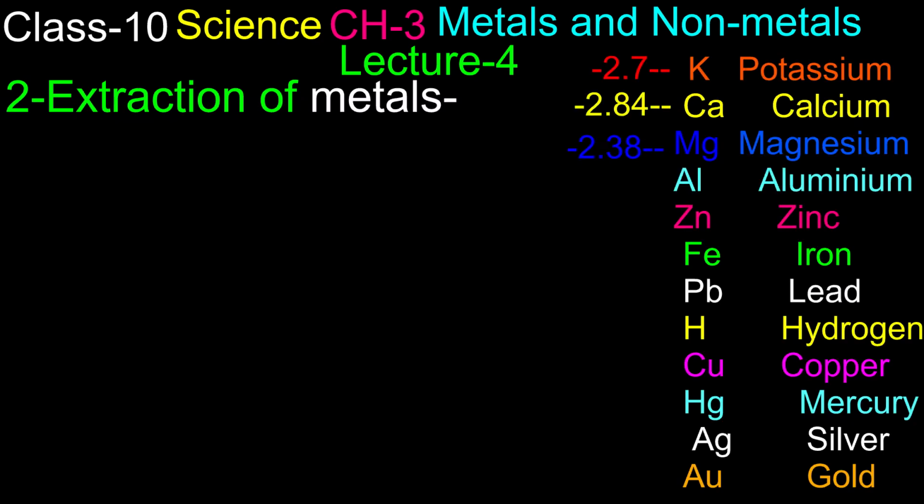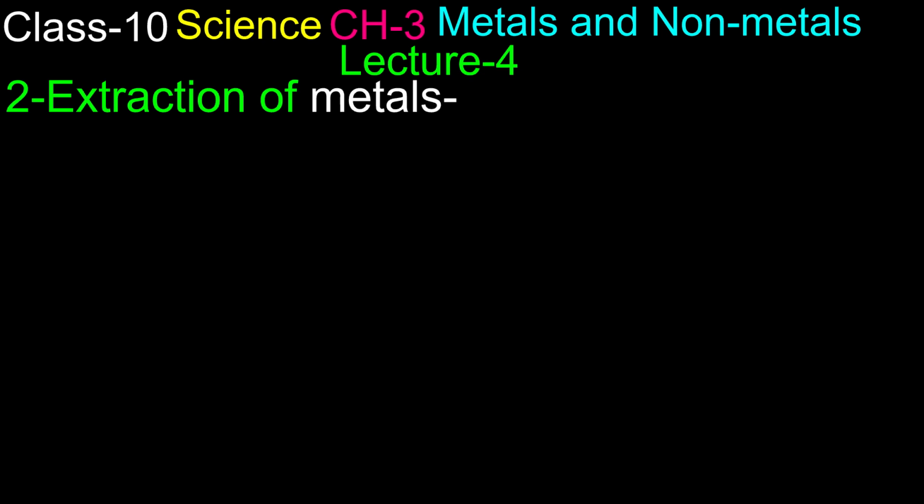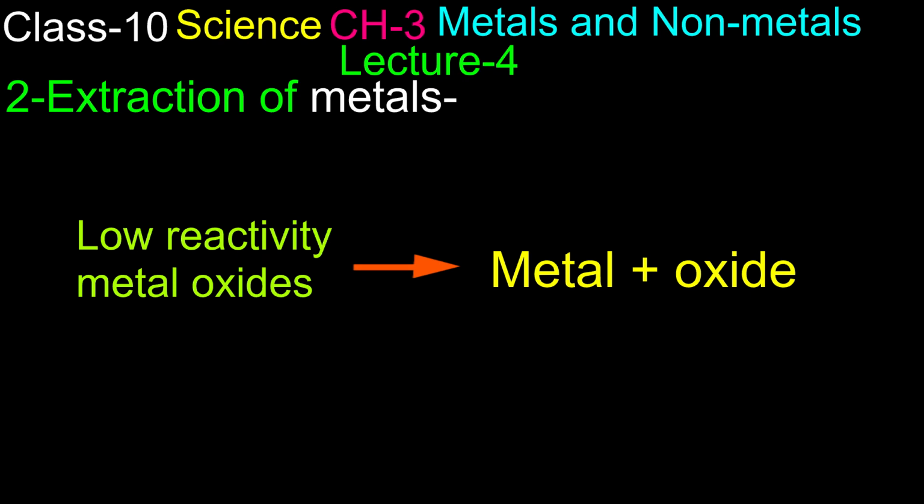Reduction of oxides of metals low on reactivity series may be just done by heating because their oxides are not so stable to heat.